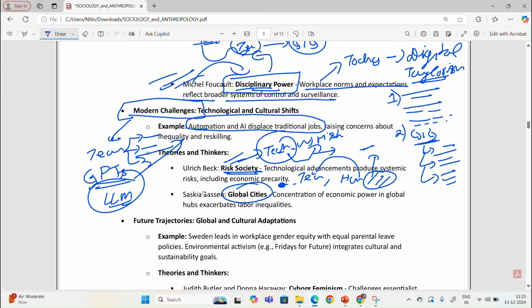Then you have global cities. So this theory basically says that in the globalized world, in the post World War II world, and in the technological and service knowledge economy world, certain cities are in control and all other places, rural areas, are just peripheries.